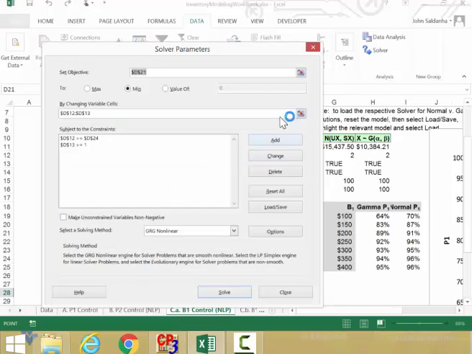So it asks me to replace, and then it's replaced the normal column values into the solver function. So now I can go in and solve.